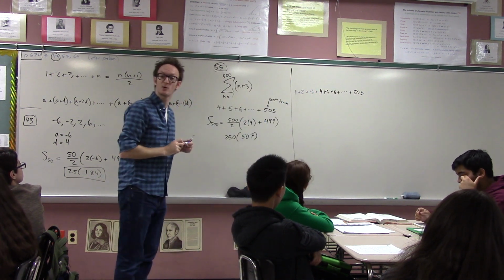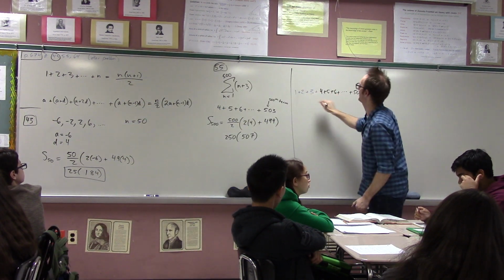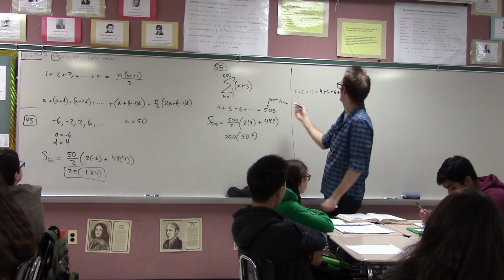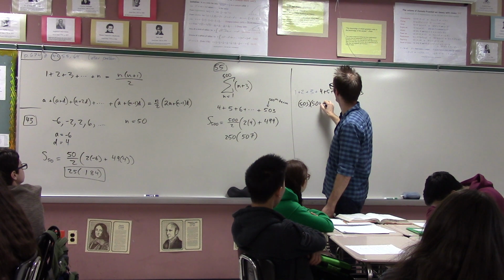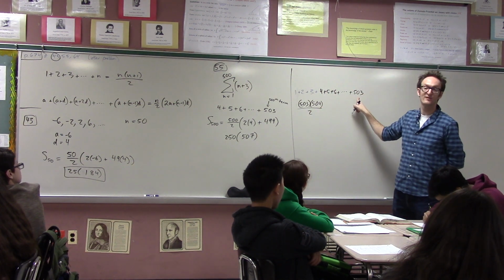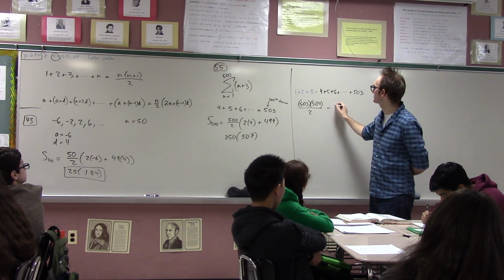It's missing the 1, 2, 3. So you could use the formula for the sum of the numbers up to 503, which is n times n plus 1 over 2. So this is 503 times 504 over 2, the sum of all the numbers up to 503, and then I just subtract out those first couple, which in this case is 6.